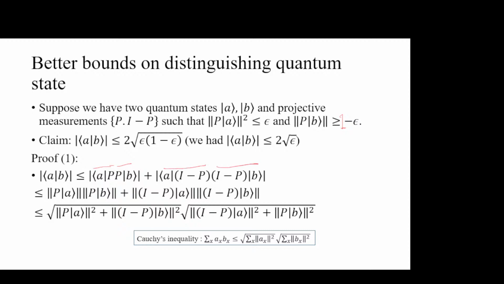The norm of the inner product is less than the product of the lengths of the individual vectors: length of PA and length of PB, and length of (1 minus P)A and length of (1 minus P)B. And the next step we use Cauchy-Schwarz again. This is a bit funnier Cauchy-Schwarz.